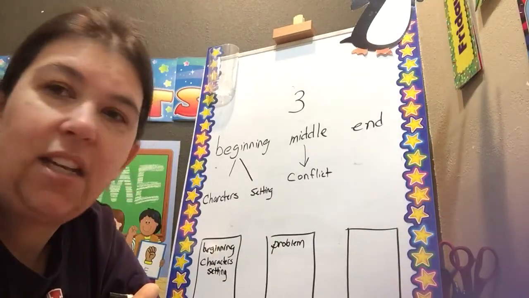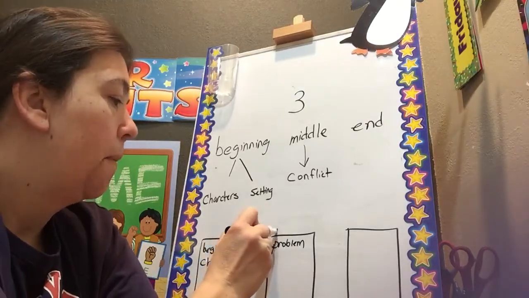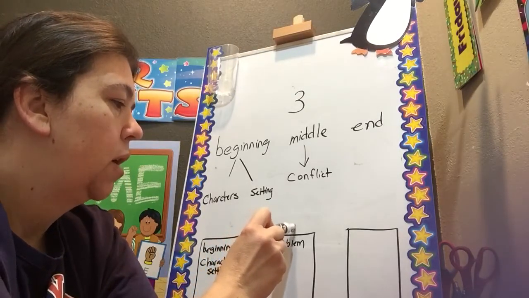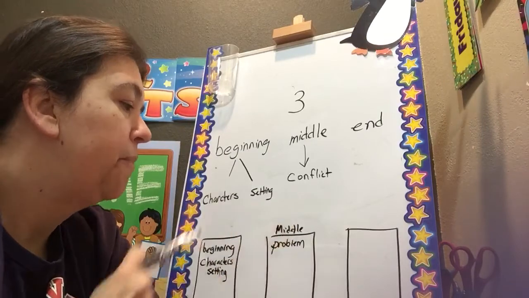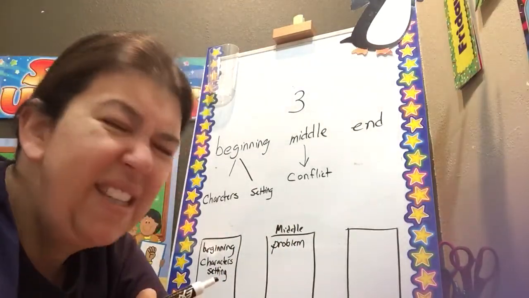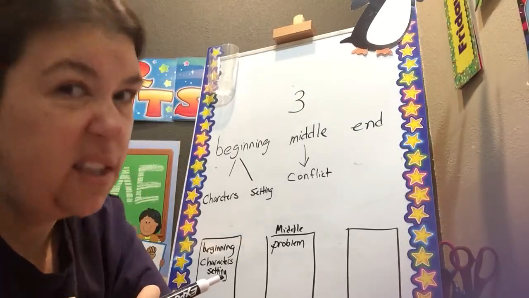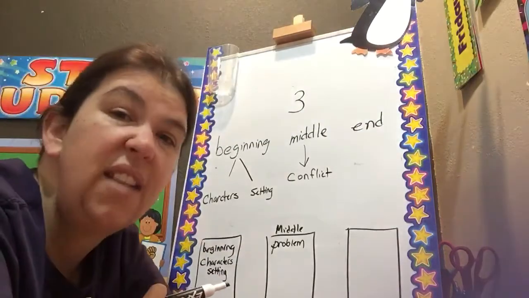What is it that they need to solve? What is it that they need to fix? All right, so that's on page 2 where it says middle. Tell me all about your problem. Are you going to be able to do that in 1 sentence? Probably not. I'm going to need a couple sentences on that. That's why I said this is the part where it gets hard, because there's lots of writing.